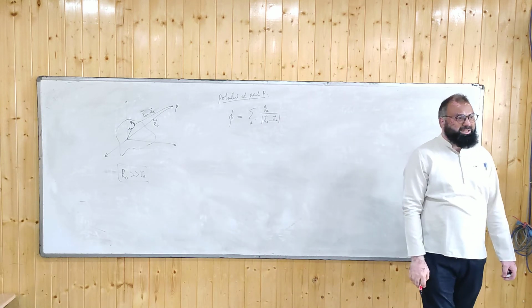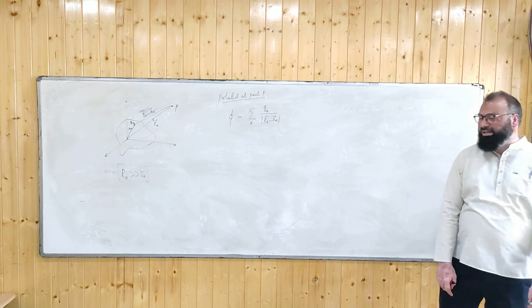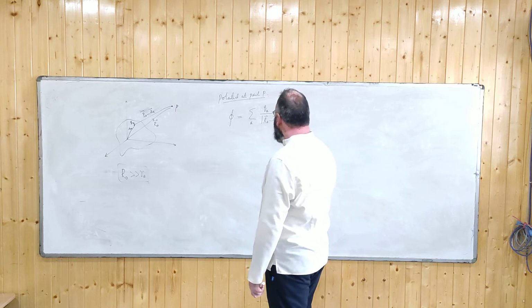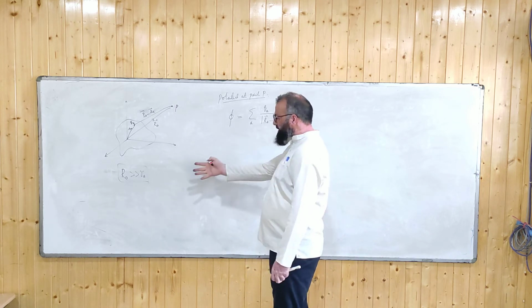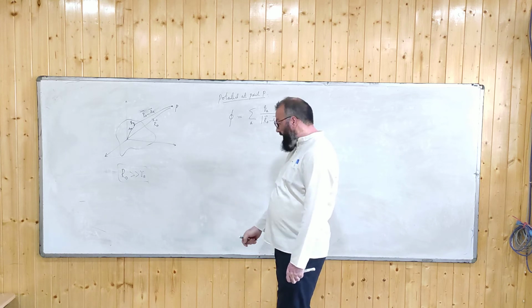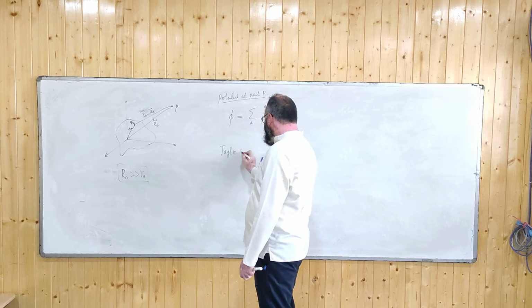Because I am considering a system of charges, I have put a sum. So how to evaluate it? Since I am interested in R naught larger than R_A, I will use a Taylor series expansion.